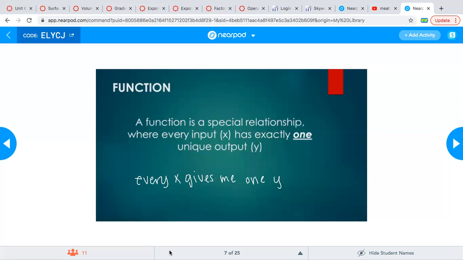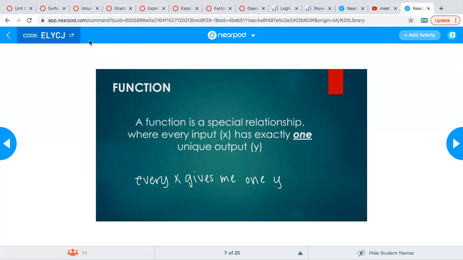So this is how I like to think about it. X is faithful. X isn't a cheater. X has only one y value. For the relationship to function between x and y, x has to be faithful. Think about it.